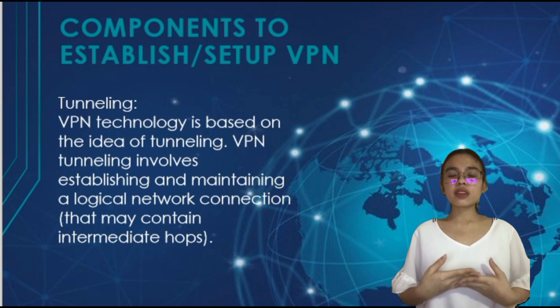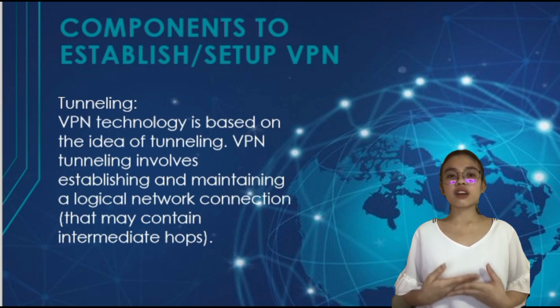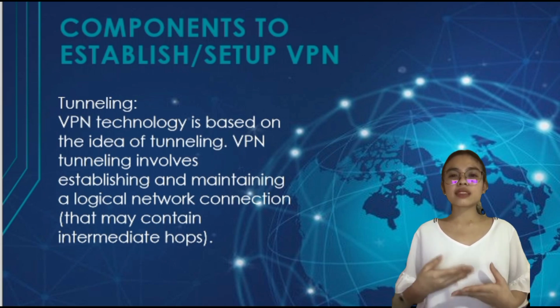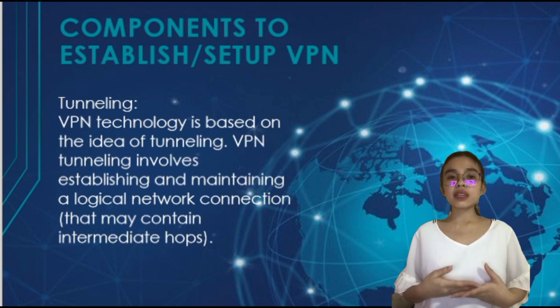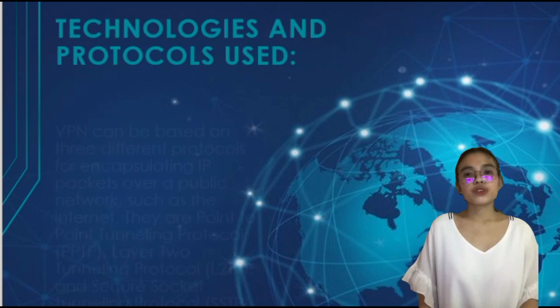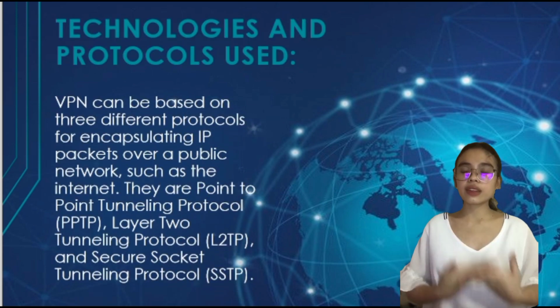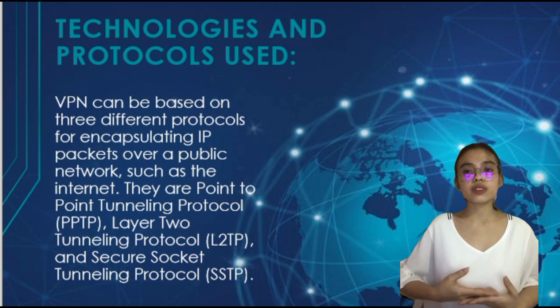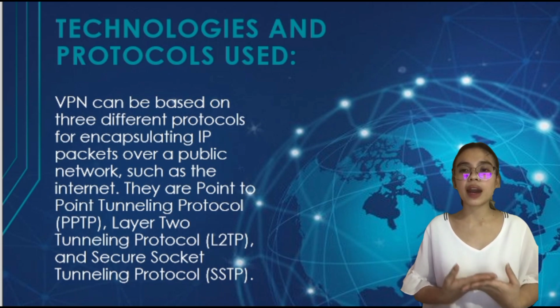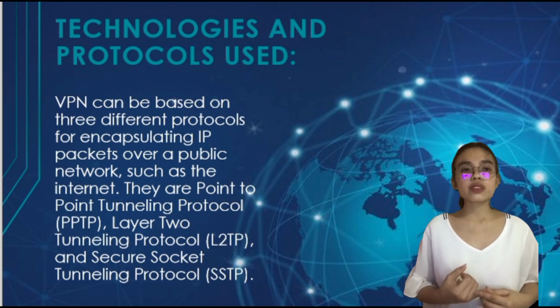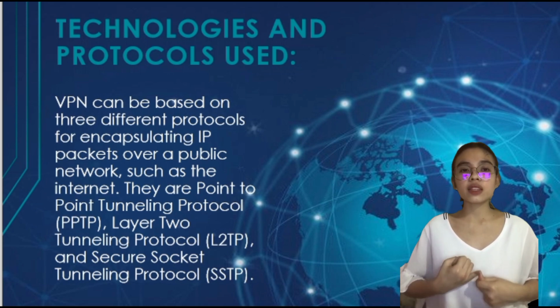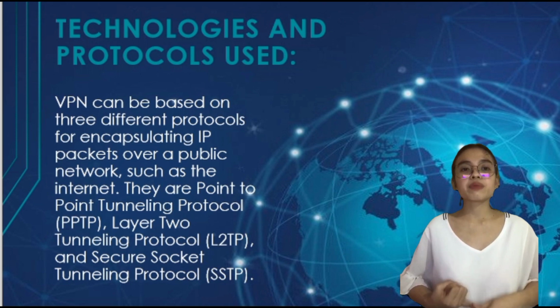Tunneling. VPN technology is based on the idea of tunneling. It involves establishing and maintaining a logical network connection that may contain intermediate hops. VPN can be based on four different protocols for encapsulating IP packets over a public network such as the internet. The first one is the Point-to-Point Tunneling Protocol, or PPTP.